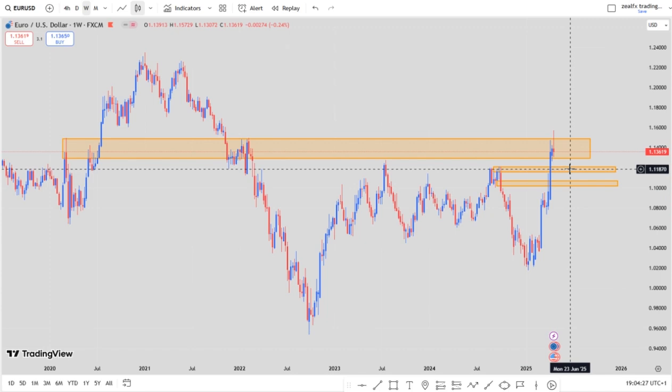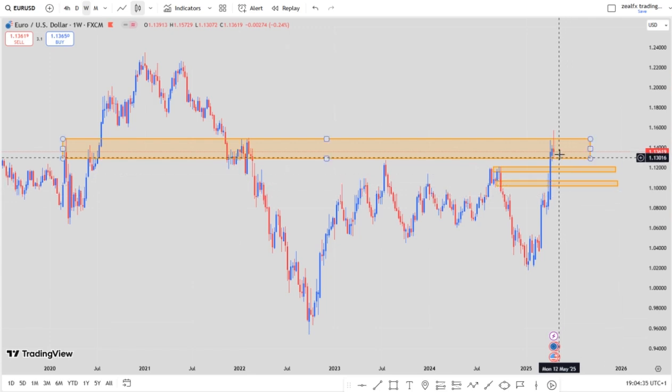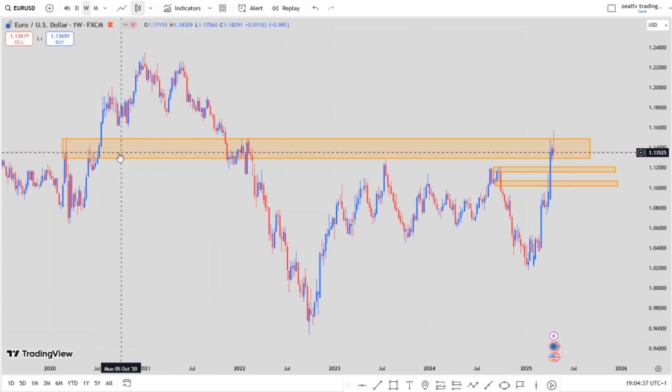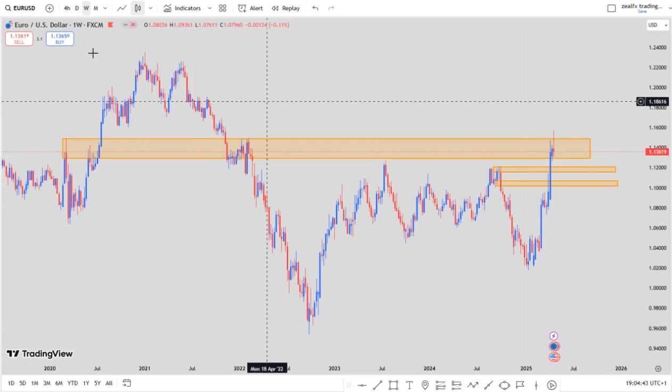A break of this support level, we expect price to touch this support level. So this week we'll be looking for a selling opportunity on the EURUSD, because price still holds strong on this weekly resistance level. Let's look at the daily chart of the EURUSD.